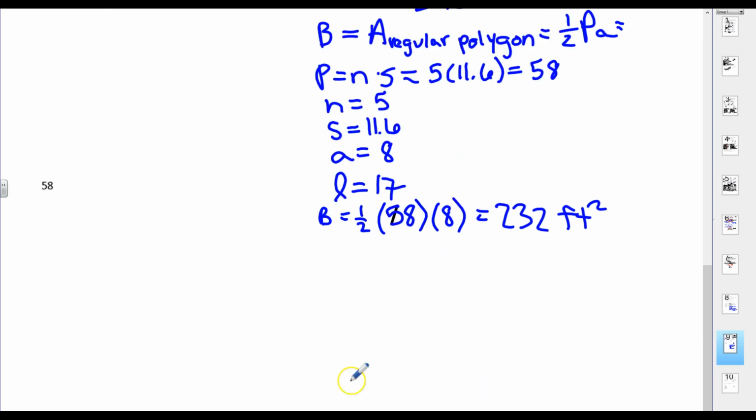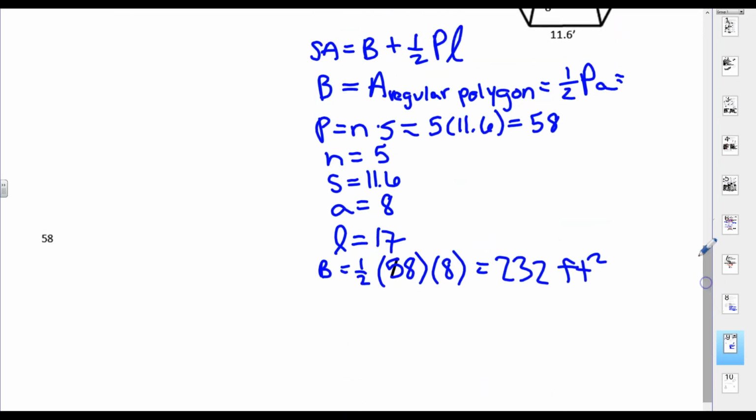Well, then, am I ready to plug in? I'm ready to plug in. So we say that my surface area equals the base area, which is 232, plus 1/2 times my perimeter, again 58, times my slant height, which we said was 17.